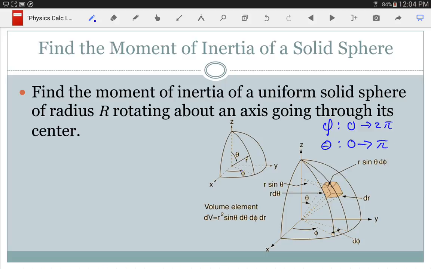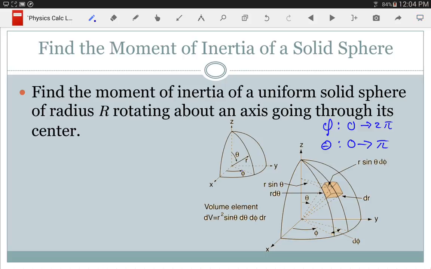And as I said a week ago, the reason that theta only goes from 0 to pi is if you went around for the second half of the circle, then you'd be going around the full circle horizontally and the full circle vertically. You'd be covering the whole thing twice. And so that's why that one only goes from 0 to pi. And then, of course, you have r that now, instead of being in the xy plane, is just going from the center out to your point of interest.